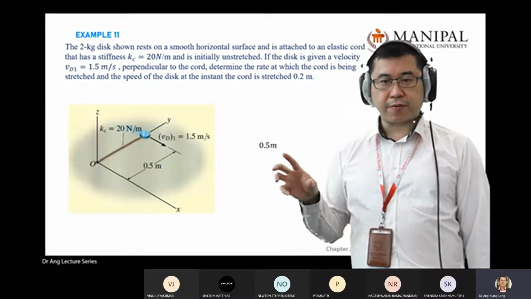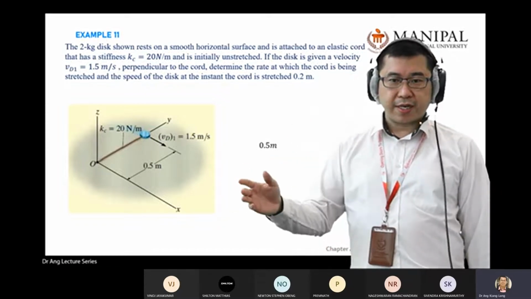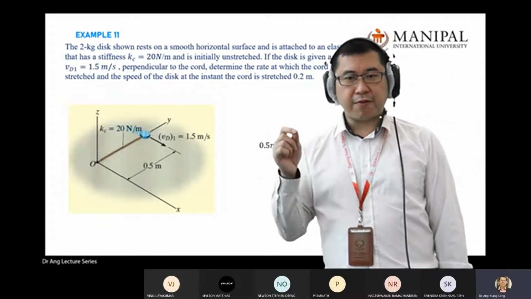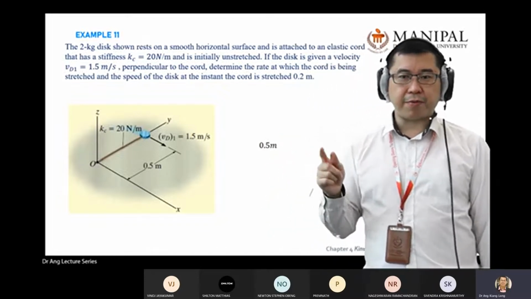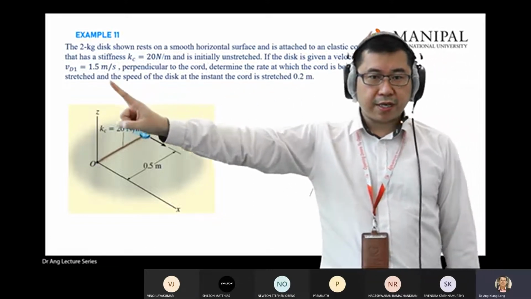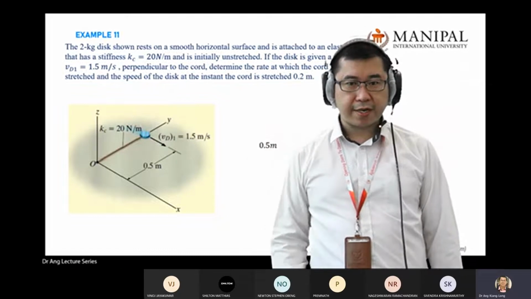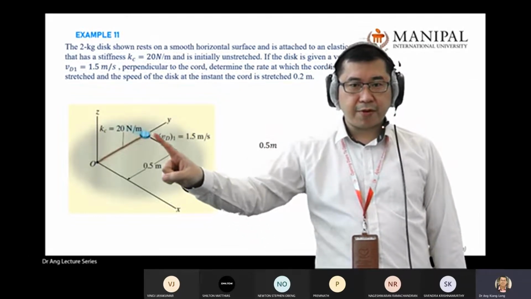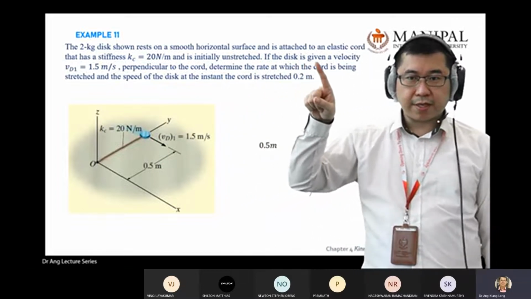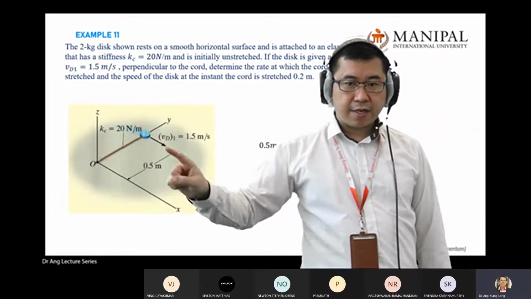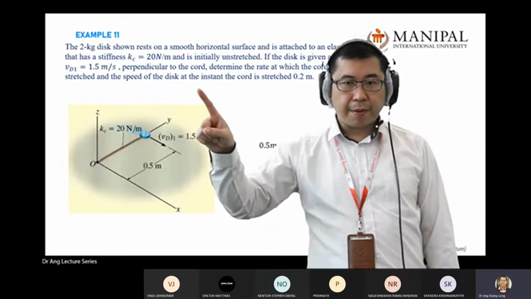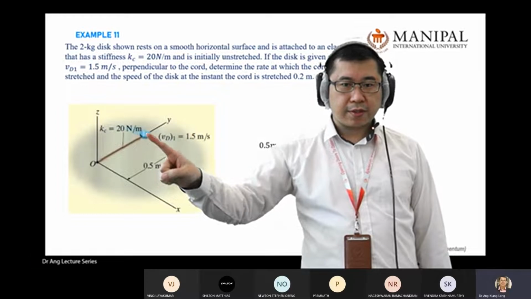So this question combines the concept of springs with the principle of angular impulse and momentum. The disc is given a velocity of 1.5 perpendicular to the cord before it starts.